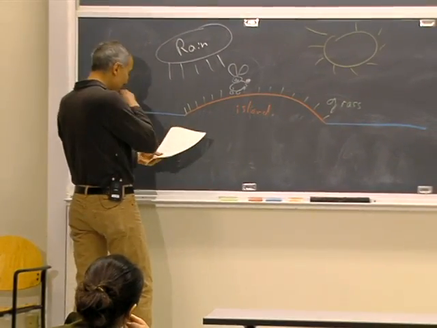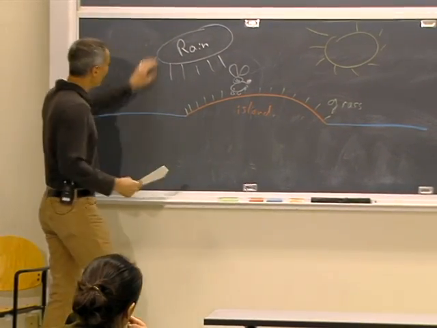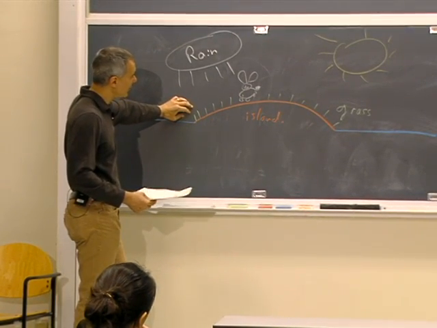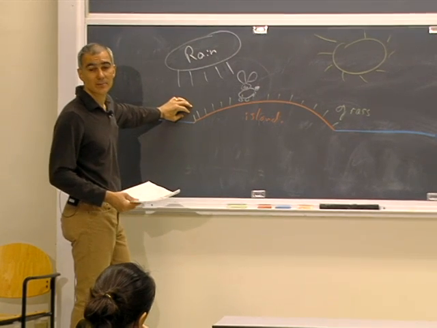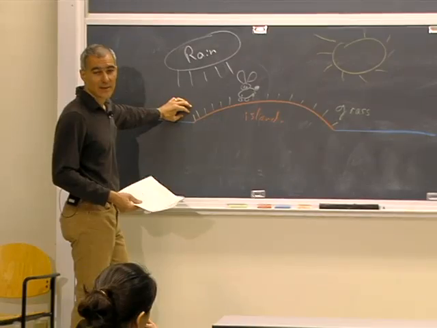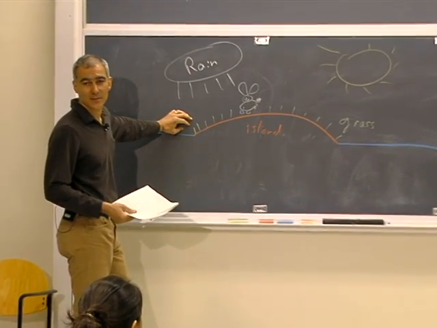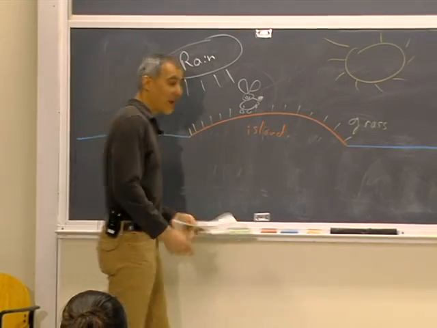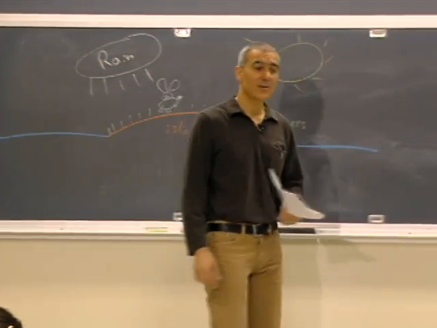All right, so now what happens? Well, given the rain and the grass, it turns out that this island can only support 25 rabbits. If there are more rabbits than that, then they'll eat too much. If there are less rabbits, then that's fine. Okay? But 25 is about the maximum that can be supported on this island. The rabbits, unfortunately, are not that smart.